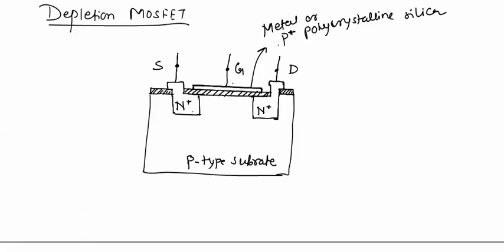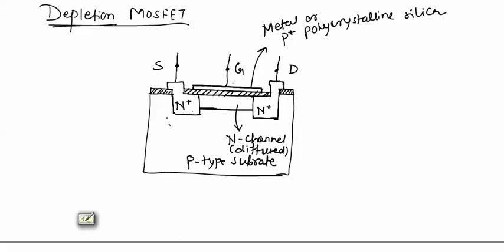So this is the basic structure of depletion type MOSFET, and during fabrication between source and drain terminals, a channel which will be N type region will be diffused during fabrication. So it will be a diffused channel.